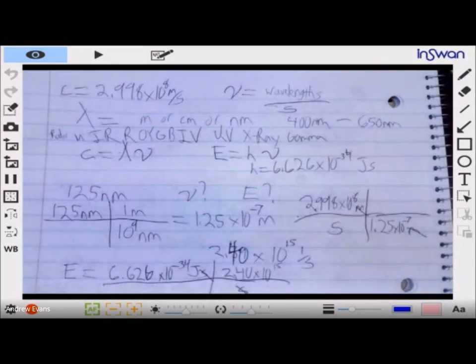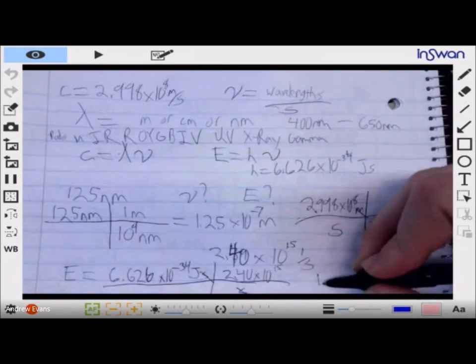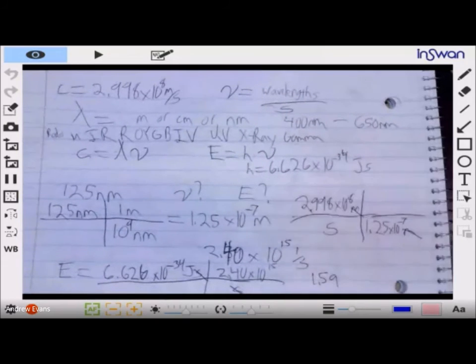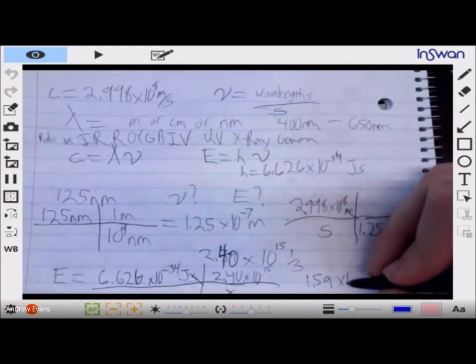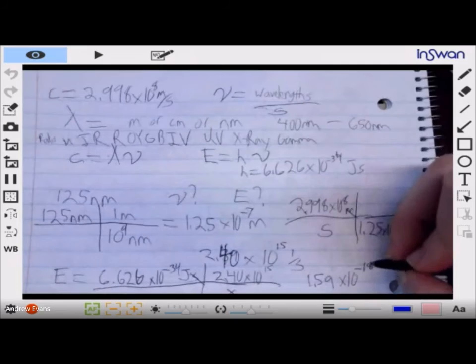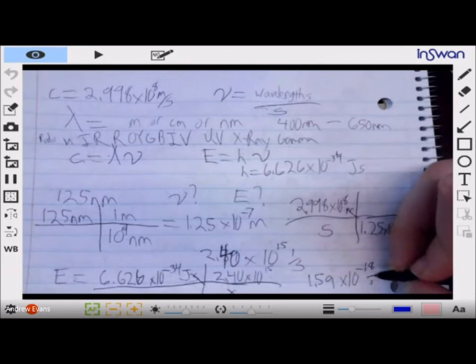We're going to have units of joules. 2.40 times 6.626 is 1.59, times 10 to the negative 18th joules.